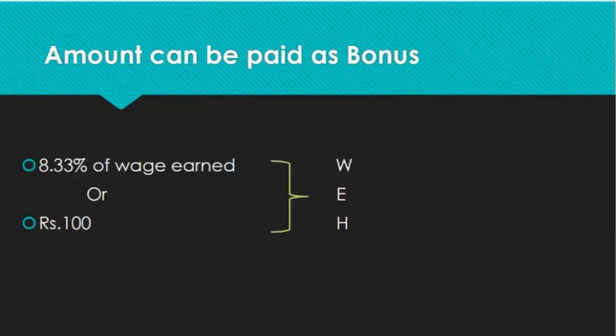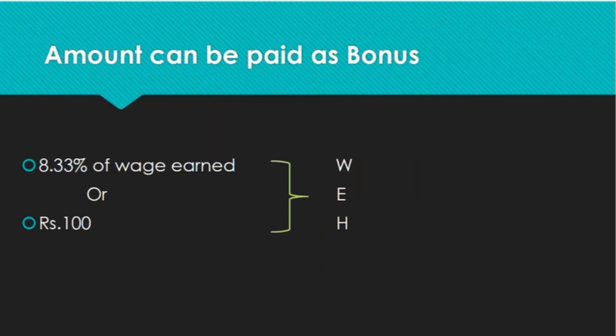Bonus is limited to 8.33% of wages earned or 100 rupees, whichever is higher. So assume a person's wage is only about 1,000 or 2,000 rupees, and he has worked for 30 days. If the wages are 2,000 rupees, 8% of that is 160, so he will be paid 160 rupees.